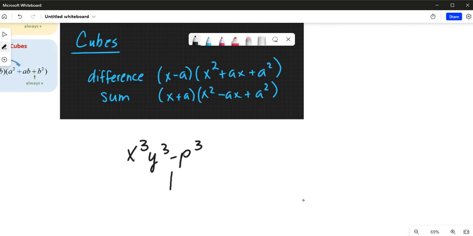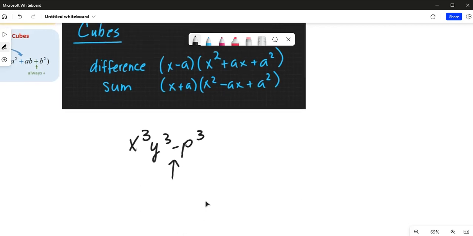This is a difference because it has a negative. So we're going to write it as x, whatever the cube root is, so xy, and then the a is this.